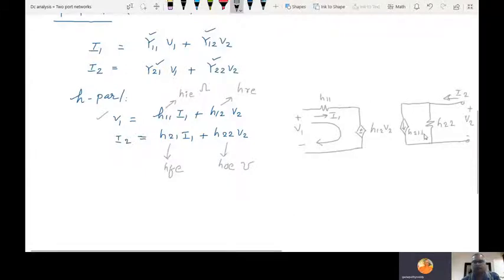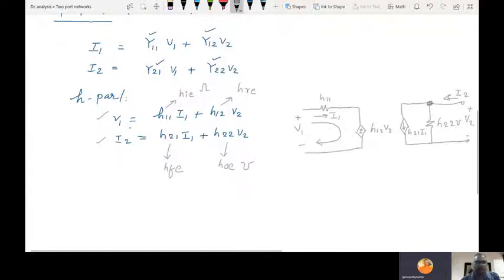Then H22 also leaves: the downward current is H22 into V2. So I2 is entering, H21 I1 leaving, H22 V2 also leaving; entering equals leaving. So when I write nodal, I get the second equation.